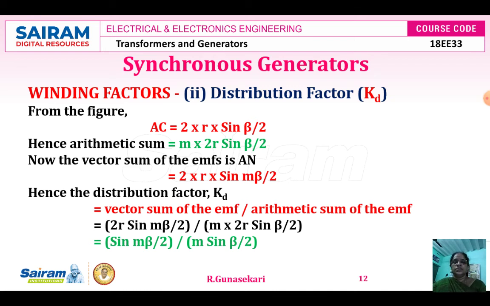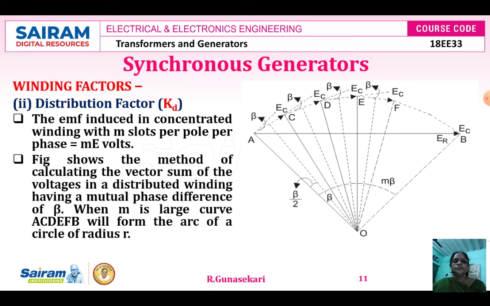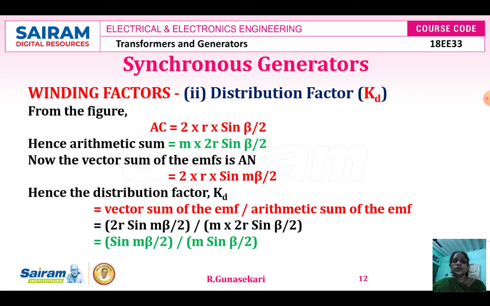First, AC we have to calculate, that is 2r sine beta by 2. Hence the arithmetic sum is m into 2r sine beta by 2, where beta is the slot angle. The vector sum of the EMF, that means the whole chord AB, is equal to 2r sine m beta by 2. So the distribution factor KD equals the vector sum of the EMF divided by the arithmetic sum of the EMF.